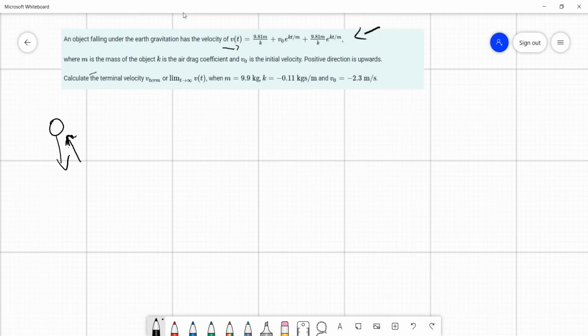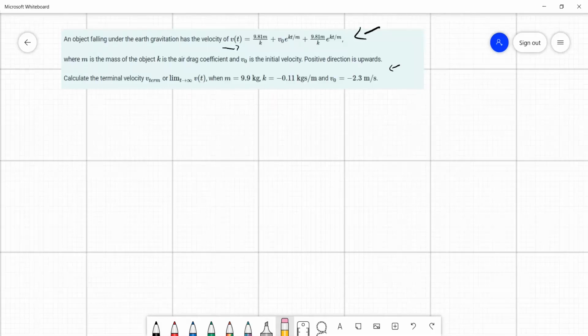That's the air drag. And v0 is just v initial, the initial velocity, and they are all given down here. So what it's asking, and this is the key to answering this question, is to calculate the terminal velocity, so the final velocity.